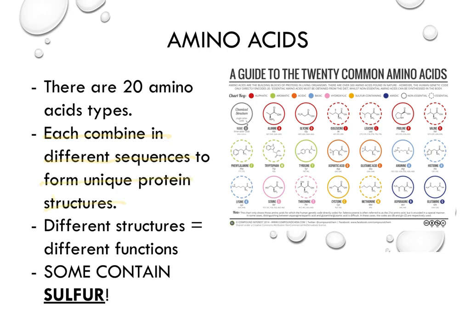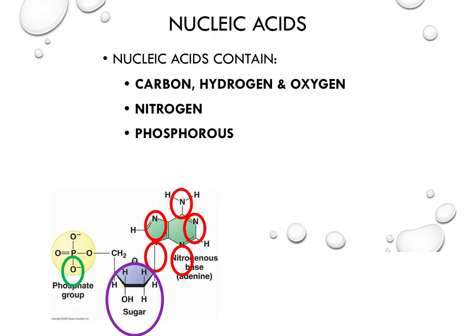And so we're going to later learn that these proteins, depending on how they fold, determines how they function. Now, what are the atoms involved with this? Big thing is that if anything has sulfur in it, it's automatically a protein, because sulfur is only located in proteins.